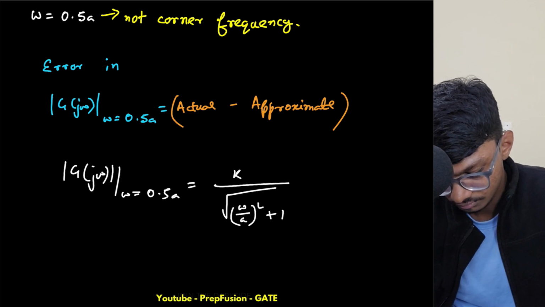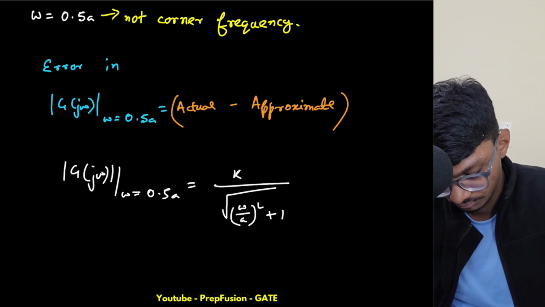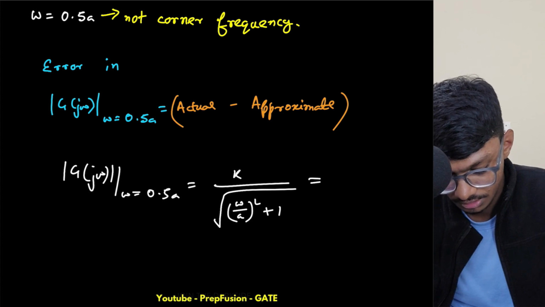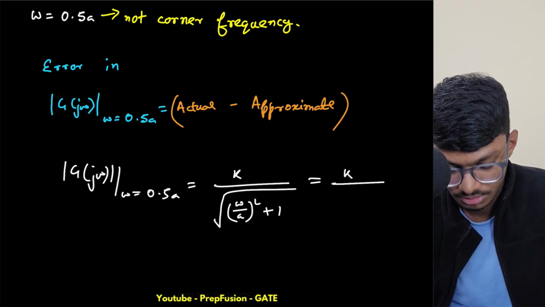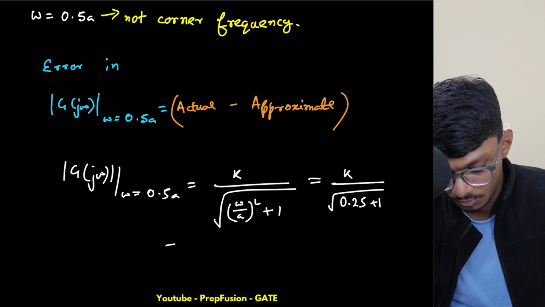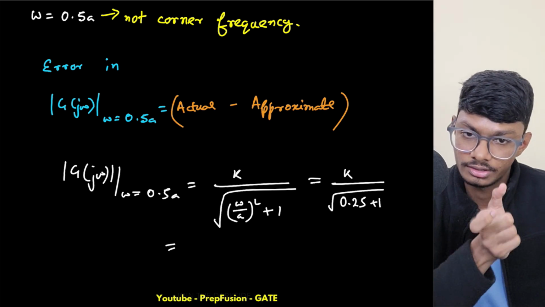Now you put 0.5 a here, this is 0.25 plus 1 under root. Okay, so now you convert it into dBs.